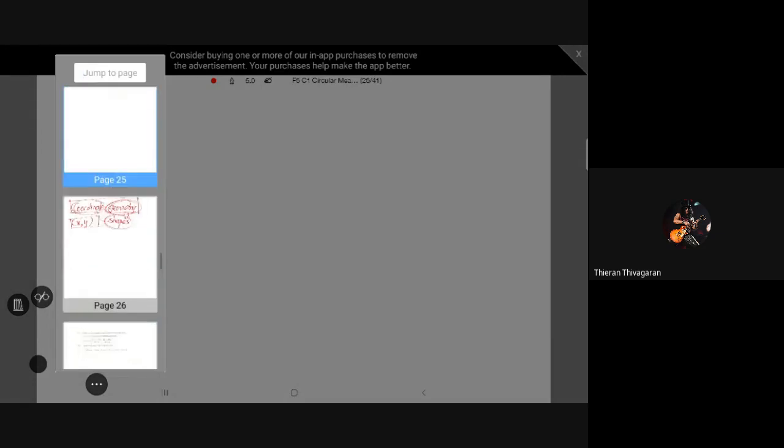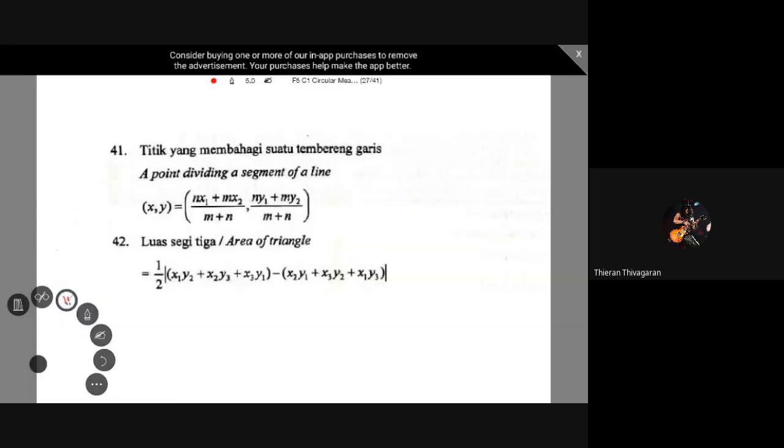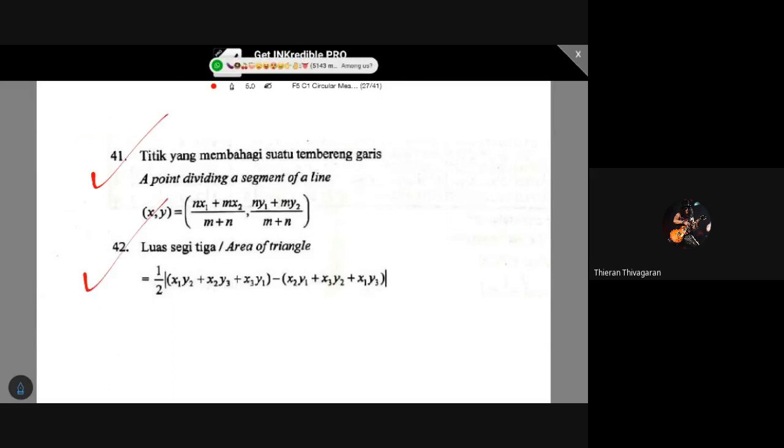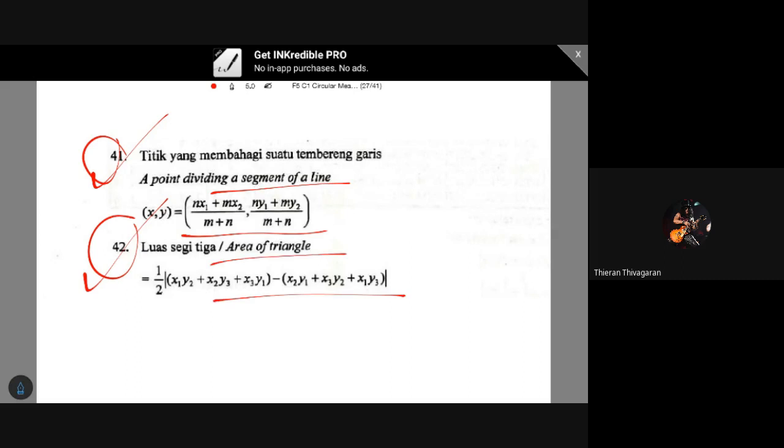Okay guys, so this chapter, bab ni hanya dua formula saja diberikan, number 41 and number 42. So you can see this formula, pembahagi tembereng and also luas segitiga, area of triangle and divisor of line segment formula in your SPM. Only two formula given.